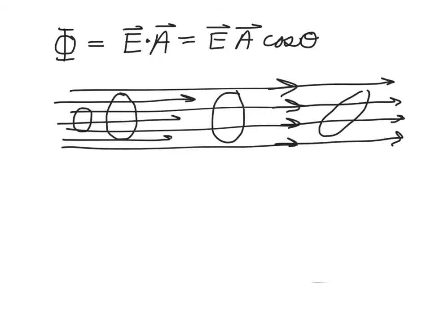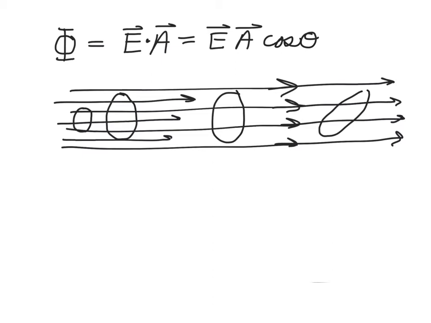If the area is bigger, you get more flux than if the area is smaller. If the field is stronger, you get more flux than if the field is weaker. And if the angle is 0 degrees, right, it's the direction this is facing the same direction, then the flux is less when the angle is not at 0 degrees. So this illustrates all those.